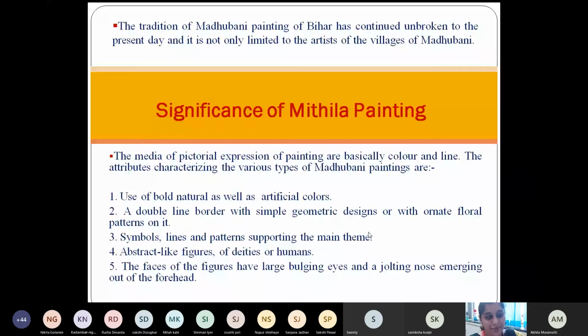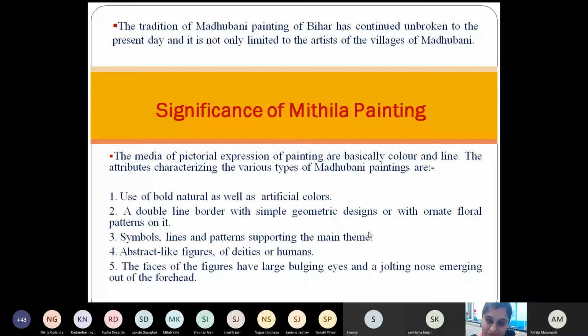there are lines which support the main theme. Madhubani can be differentiated from other folk and traditional paintings mainly through the lines. Whenever you find a painting which has very strong lines, it can be crisscross, it can be a straight line, a flat line, or diagonal lines.